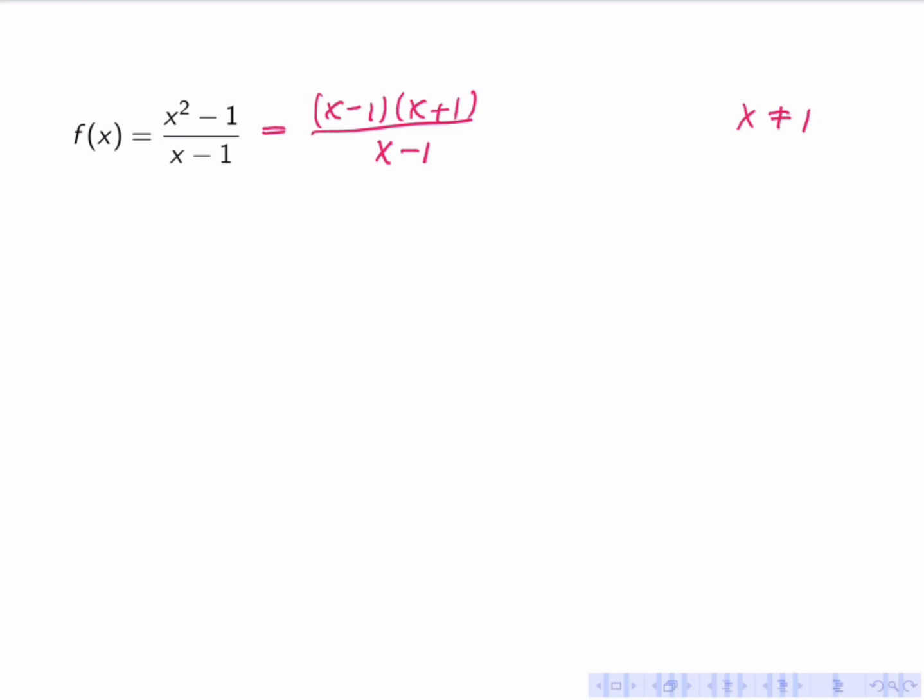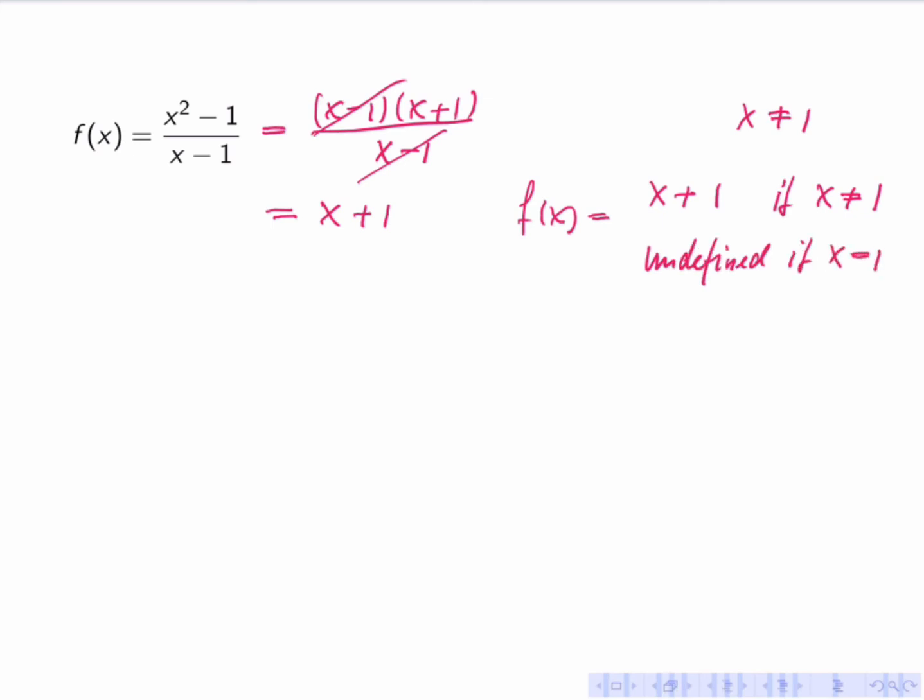Nevertheless, if x is not equal to 1, we can actually cancel a common factor, and we get x plus 1. So the function f is in fact the function x plus 1 for the case that x is not equal to 1 and undefined if x is equal to 1. So this is our function f.